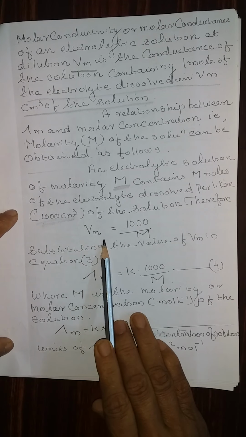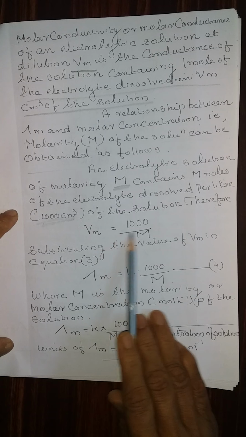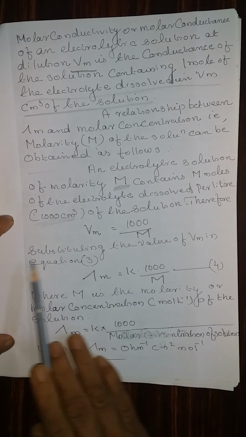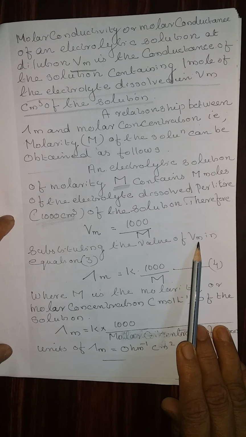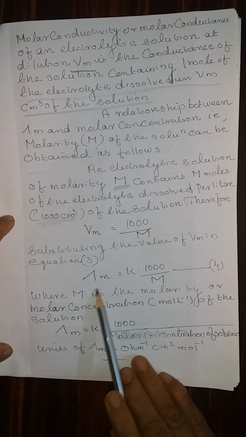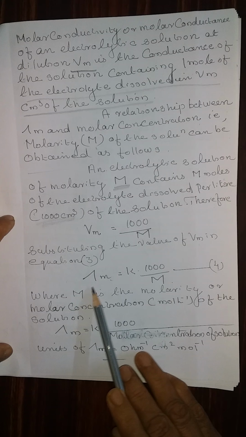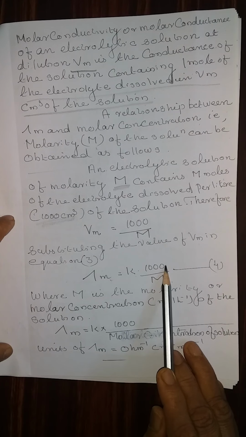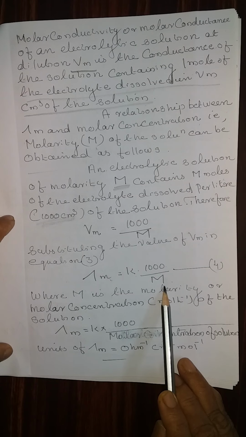Therefore, Vm is equal to 1000 by capital M, where M represents the molarity. Substituting the value of Vm in the equation, delta M, that is molar conductivity, is equal to kappa into 1000 by capital M.